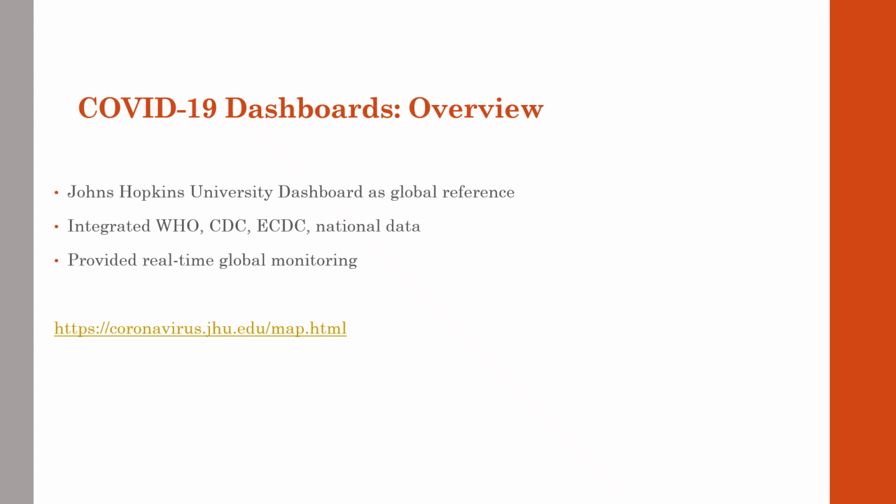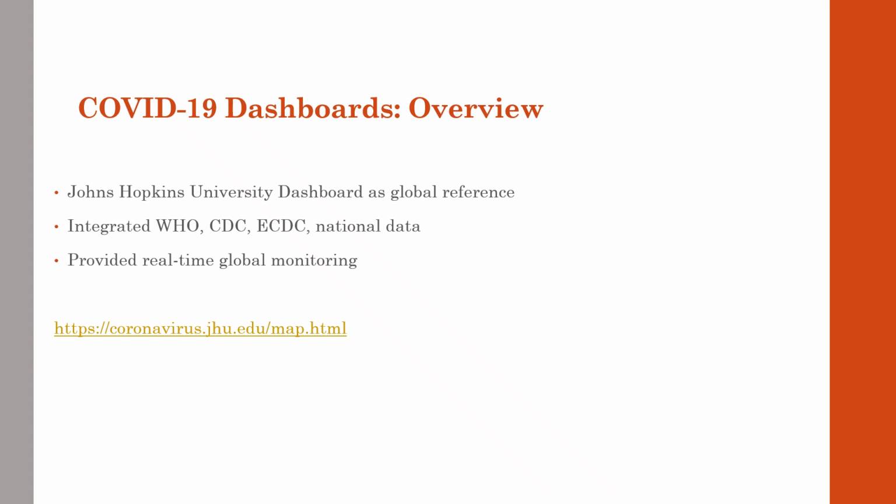Our first major case study is the use of COVID-19 dashboards, with a focus on the Johns Hopkins University dashboard, which quickly became the global reference point. This dashboard was a masterclass in data aggregation, pulling information from organizations like WHO and CDC to provide a real-time global picture of the pandemic.